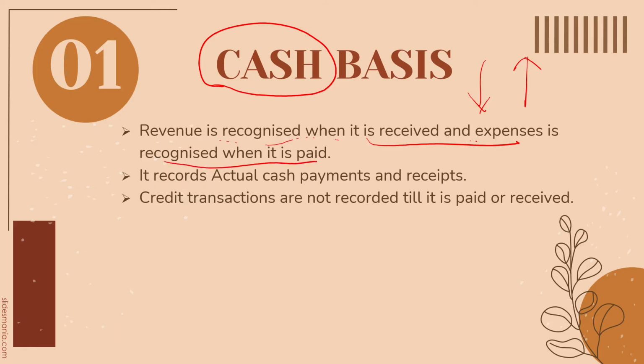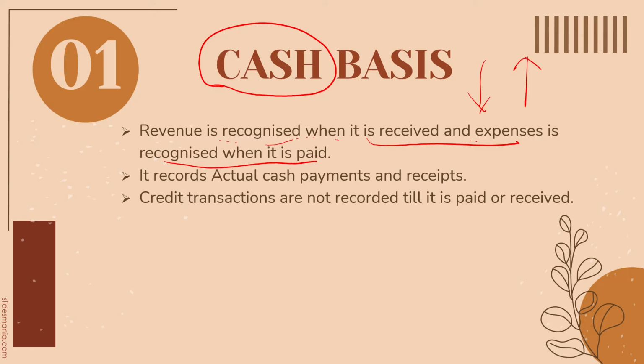Whenever you receive money from your customers, it is recorded only when it is actually received in your hand, and expenses are recorded only when actually paid to your creditors or suppliers.